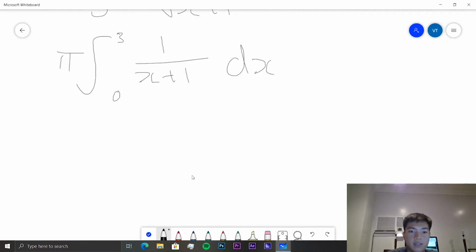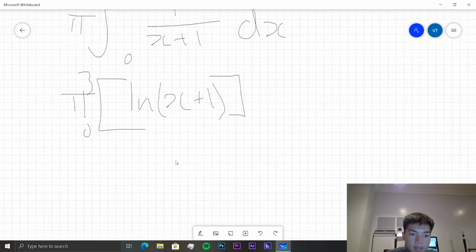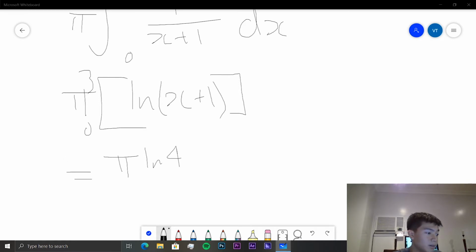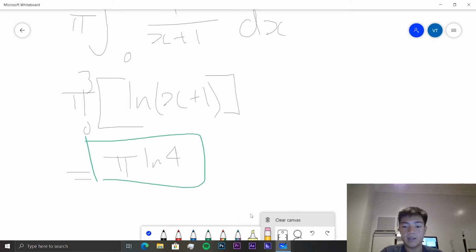So this is simply going to be pi times ln of x plus 1 from 0 to 3. So this will be equal to pi ln 4 minus pi ln 1, but then the thing is, ln 1 is 0, so this is just going to be pi ln 4. Yeah, it's correct. So it's just pi ln 4. Okay, on to the next one.